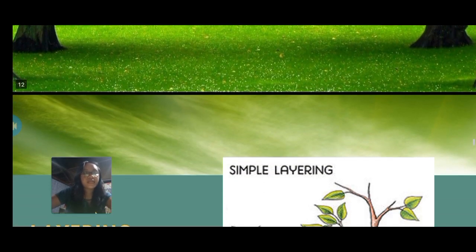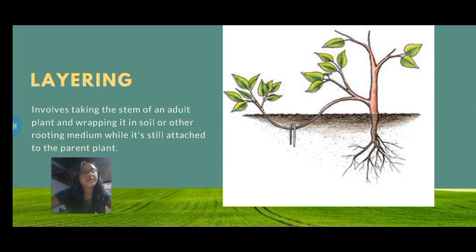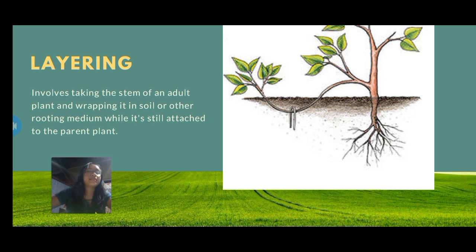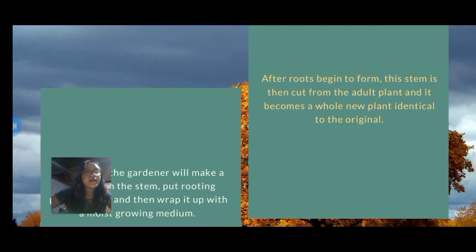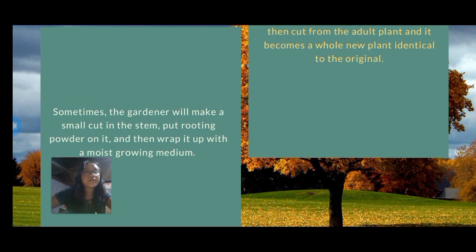So next we have here the simple layering. What is layering? Layering involves taking the stem of an adult plant and wrapping it in soil or other rooting medium while it's still attached to the parent plant. Sometimes the gardener will make a small cut in the stem, put rooting powder on it, and then wrap it up with a moist growing medium.